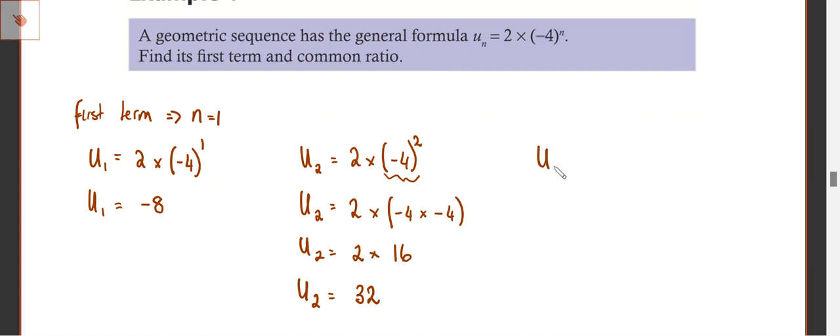Let's work out u3. You can do that. 2 times -4 to the power of 3. So we've got u3 is 2 times, it's actually negative 64, because you'll get negative 64.